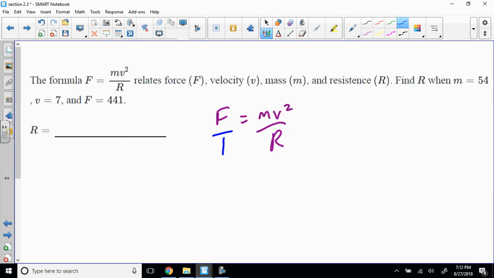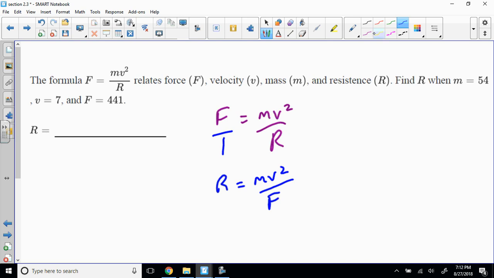Well, that's true, but let me tell you what's also true. Diagonals can flip places if you have a fraction equal to a fraction. So what I'm about to do is this. If I multiply both sides by r, then divide by f, I get that, right? So knowing that algebraic technique, that diagonals can swap places, allows you to solve for r very quickly.